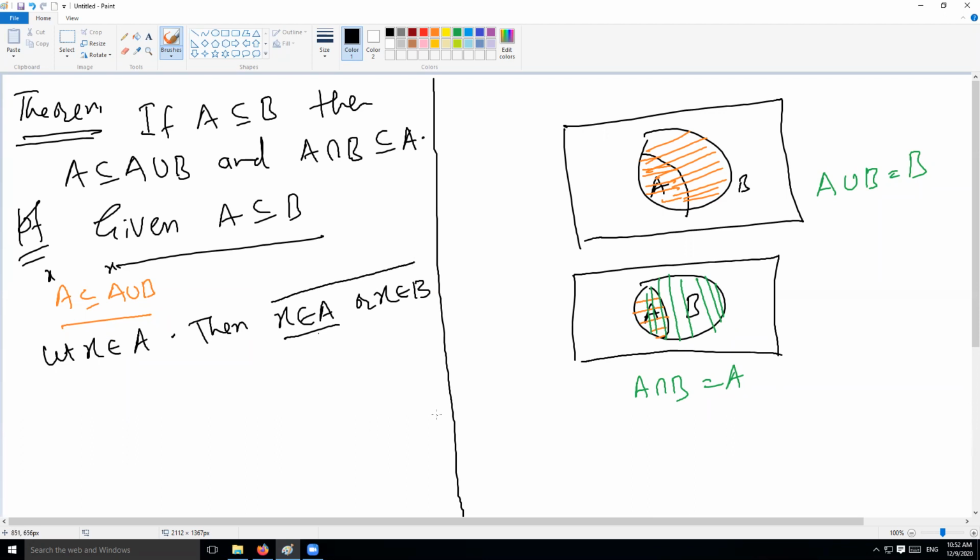So since x belongs to A, the statement that x belongs to A or x belongs to B is true. Hence x belongs to A union B actually.